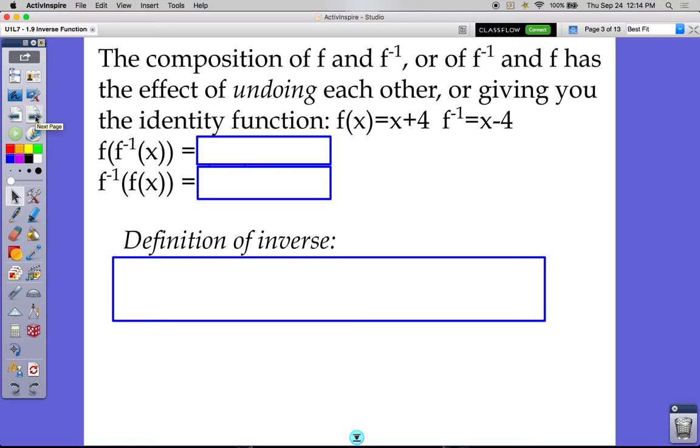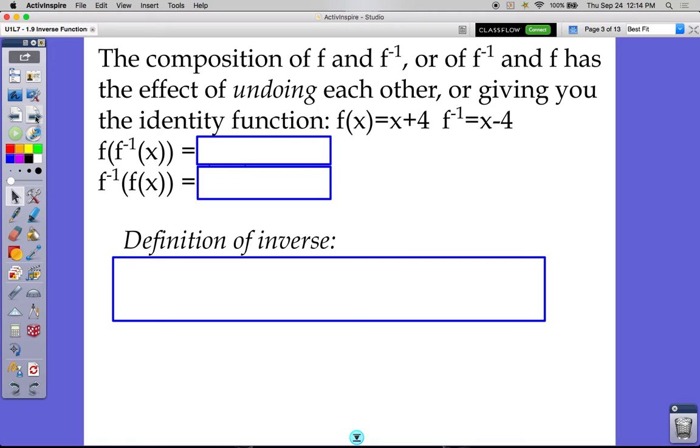Now, the composition of f and its inverse, or of the inverse and a function, has the effect of undoing what the other one has done. Just like we saw a second ago, instead of adding 4, let me subtract 4. And what that does is give you the identity function. The identity function, if you remember, was one of our parent functions.